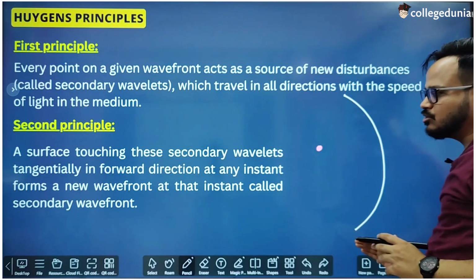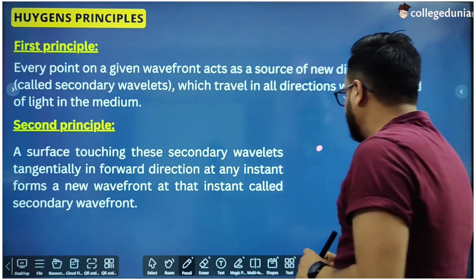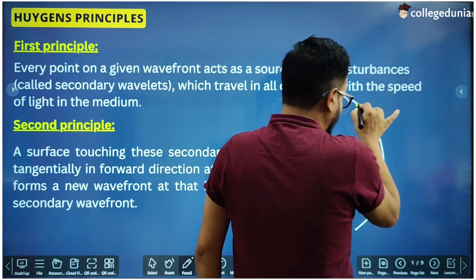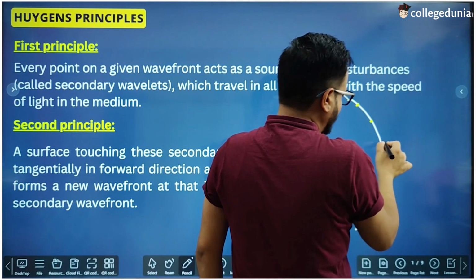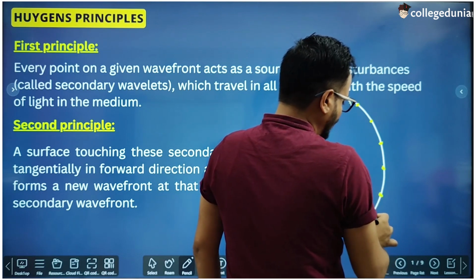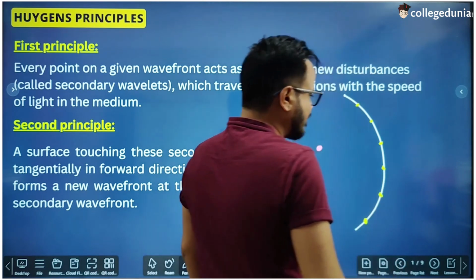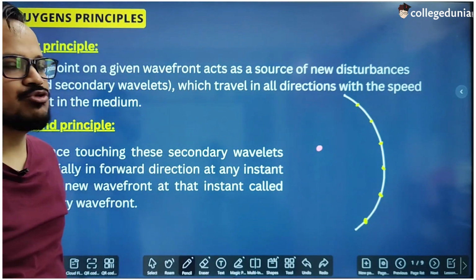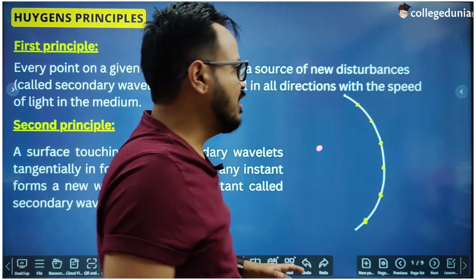So if we take one part of this sphere, then this law says that every point on this wavefront acts as a source of new disturbances called secondary wavelets. We can assume that every point in a given wavefront is a source of light, right?